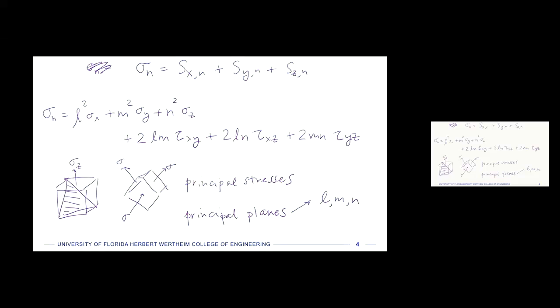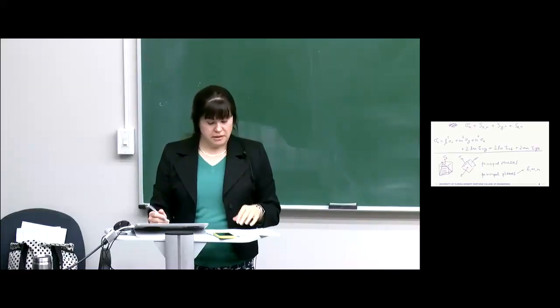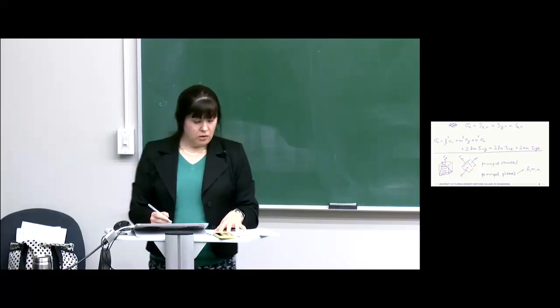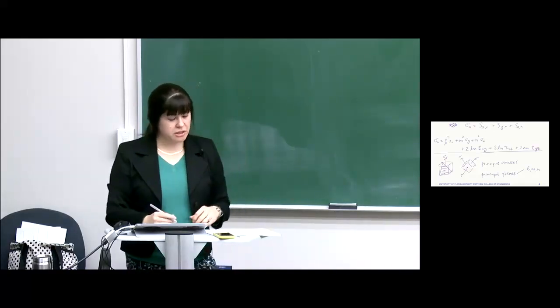Okay, so let's use what we know about this normal direction stress and have a postulate that I just told you about, which says that the cut plane is a principal plane. Okay, so that means that our surface normal, right, is going to be one of these principal normal stresses, and we will have to determine what the direction cosines are, this L, M, and N, in order to achieve that.